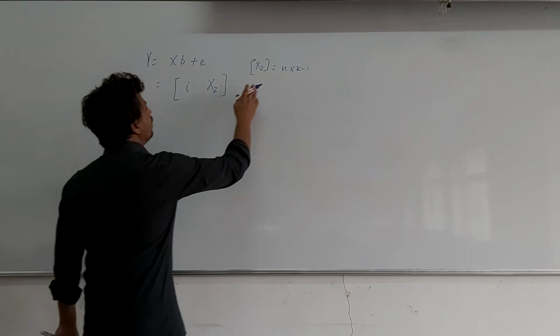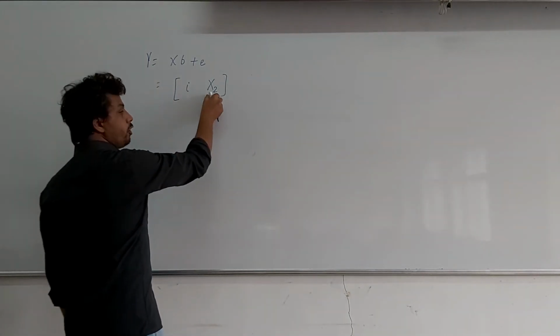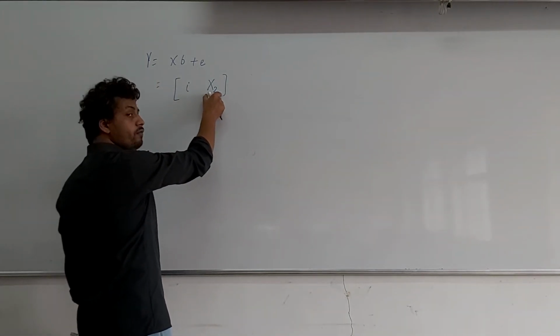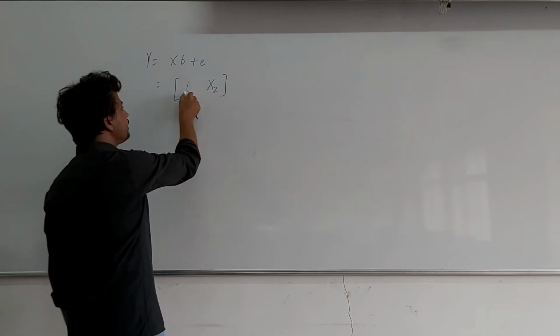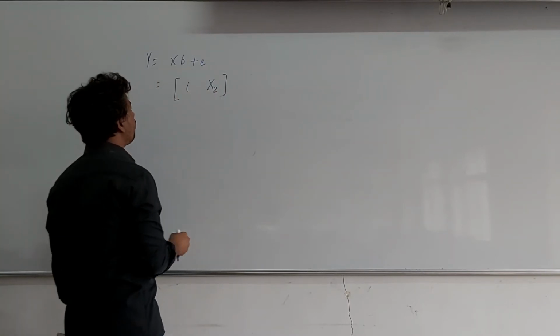So I write this like this, but remember that this is a matrix of dimension n times k minus 1, and this is a column vector consisting of n ones.